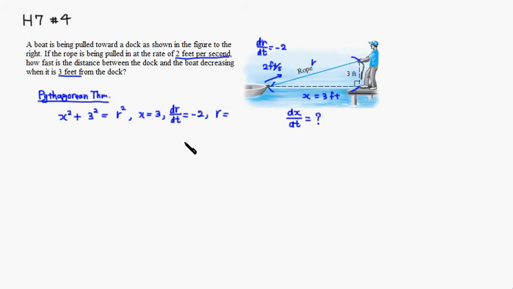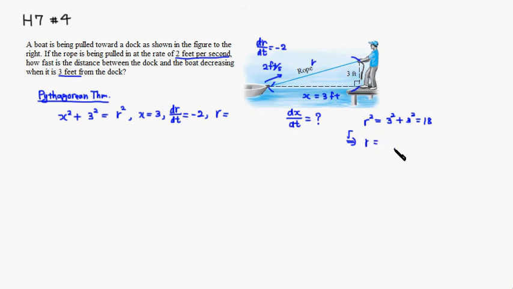So r squared is equal to 3 squared plus 3 squared, which is 9 plus 9, so 18. By taking the square root of both sides, r is equal to the square root of 18.